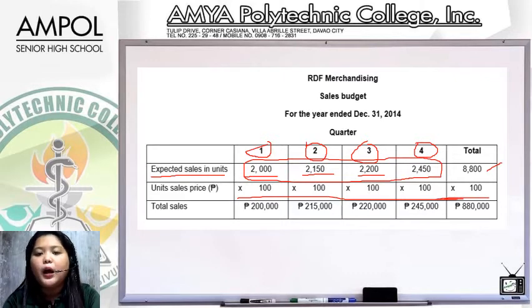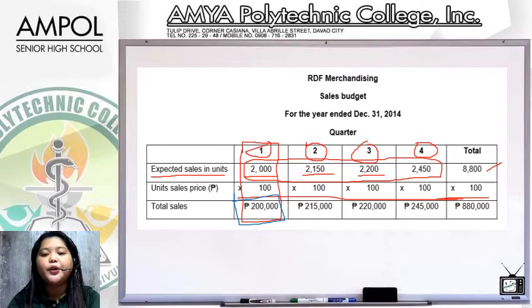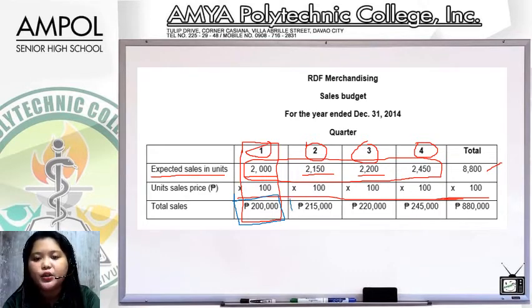For the first quarter, I will use the blue one so that you can clearly see it. The total sales for the first quarter is 200,000 pesos. For the second quarter, it is 215,000 pesos. Third quarter, we have 220,000 pesos.